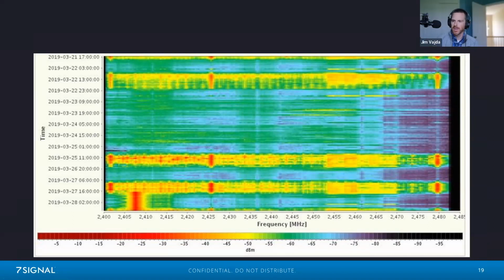Yeah, this is from a major airport in the UK, and a classic example of very, very busy Bluetooth interference occurring. But also, look at this. Major source of interference down there around 2407 megahertz.